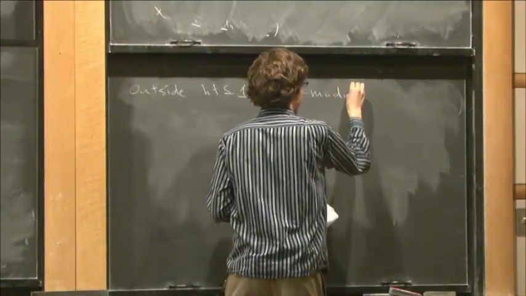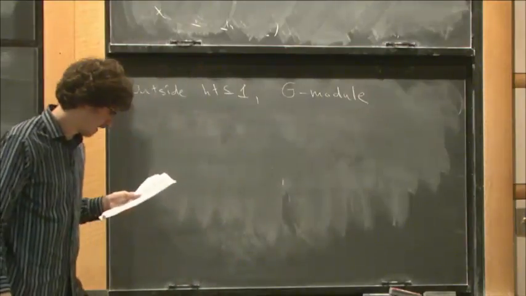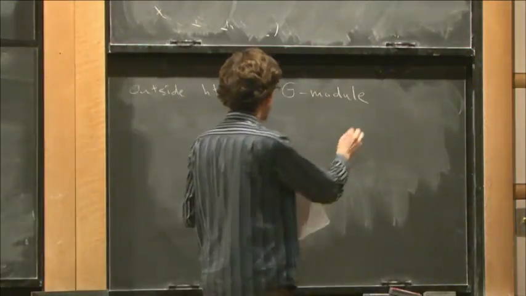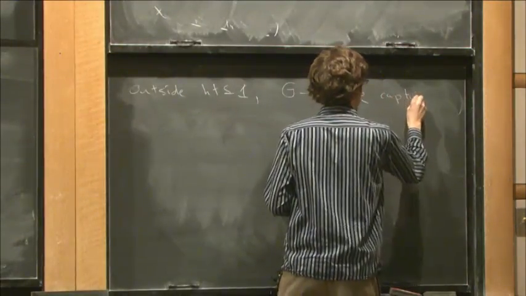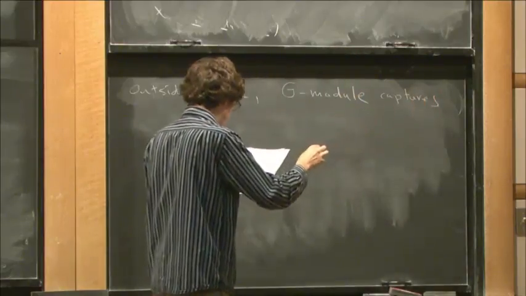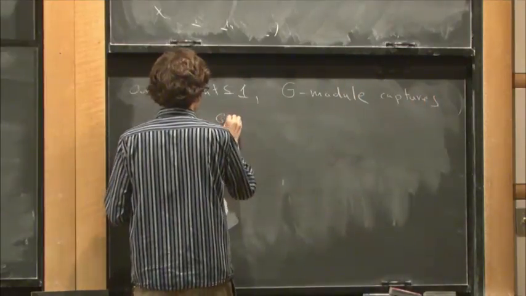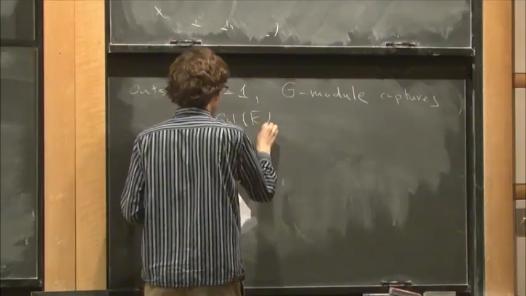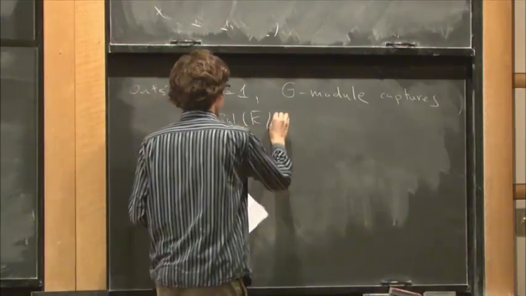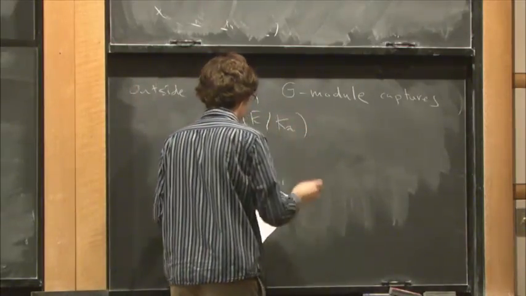But since I've already said Kisin enough in this talk, sigma module captures the Galois action of only a subgroup of the Galois group. So it's this Galois group over k infinity.